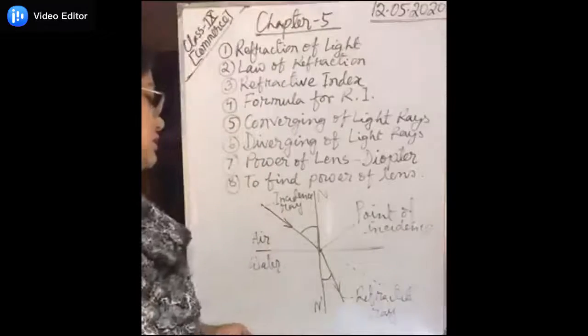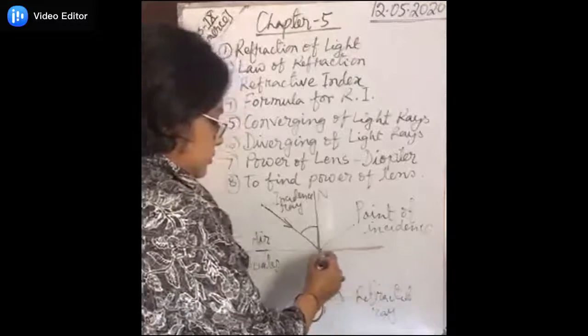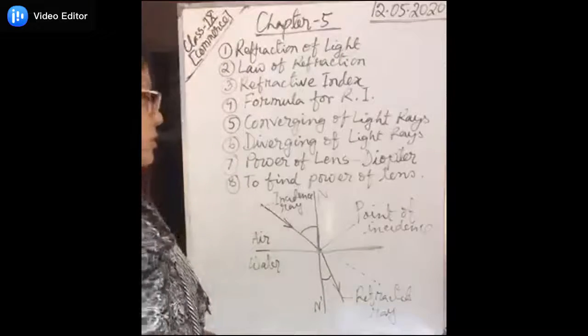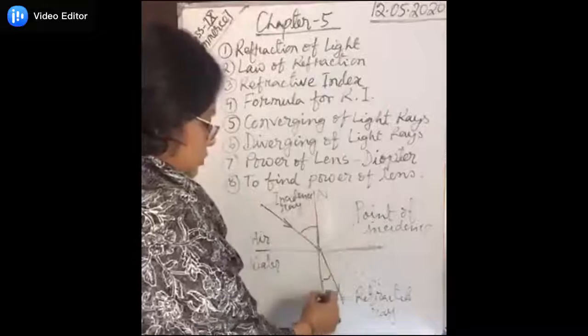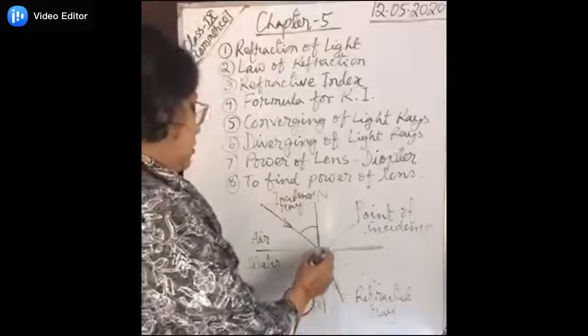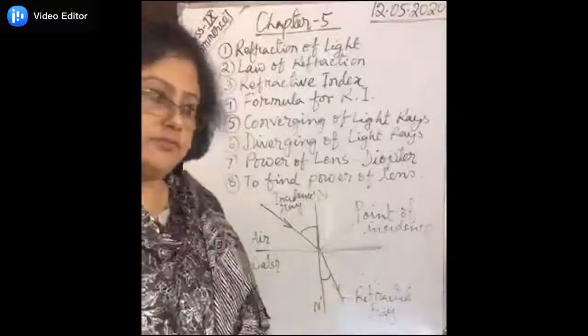Point of incidence. All these three things lie on the same plane. Clear? Incident ray, refracted ray, and normal, the perpendicular, all lie in the same plane. This is the first law of refraction.